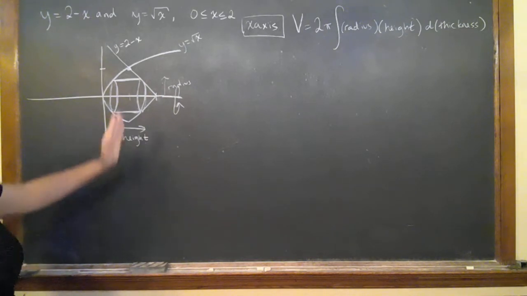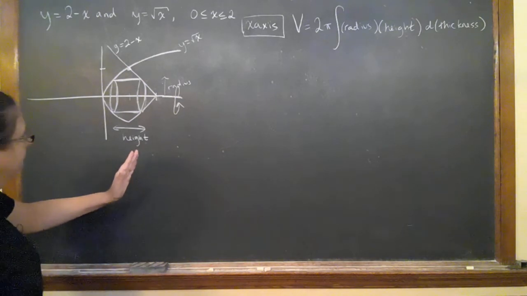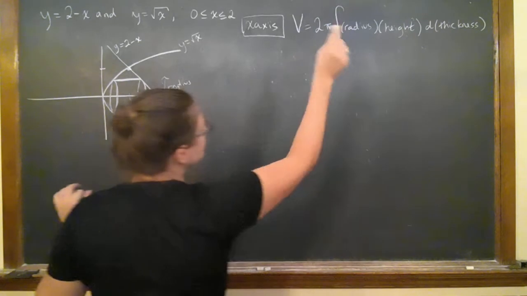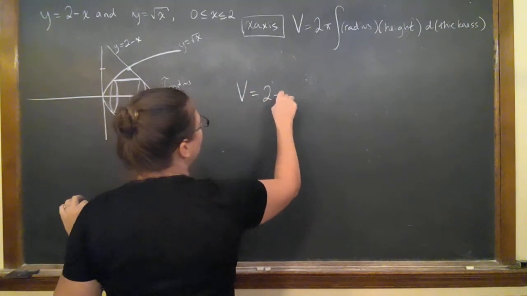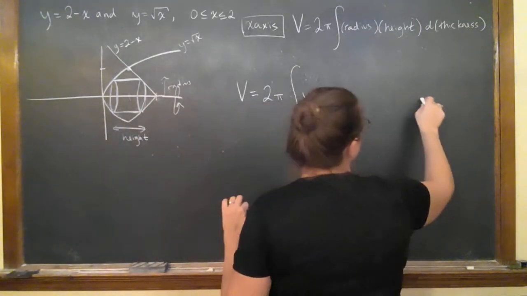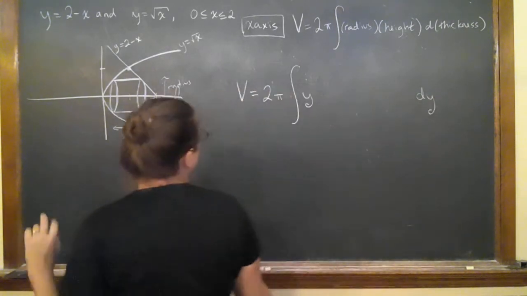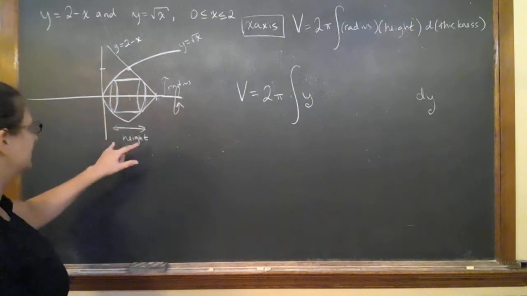So my radius is going in the y direction. So I'm going to start out using this radius, height, thickness. The volume is 2 pi. My radius is y. And then the thickness is the same direction as the radius because we're doing the shell, so that's going to be dy. And I have to figure out what this height is.